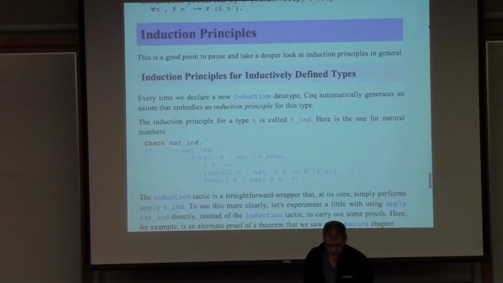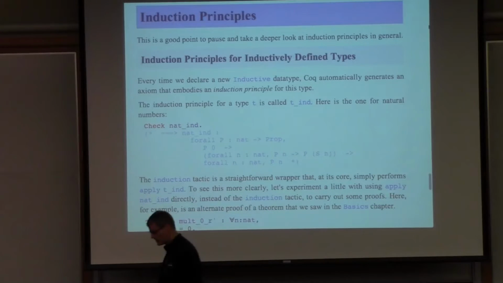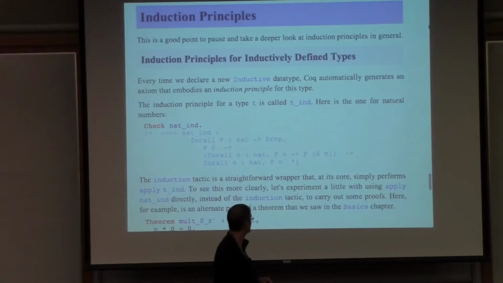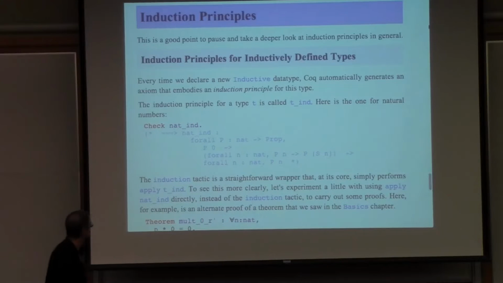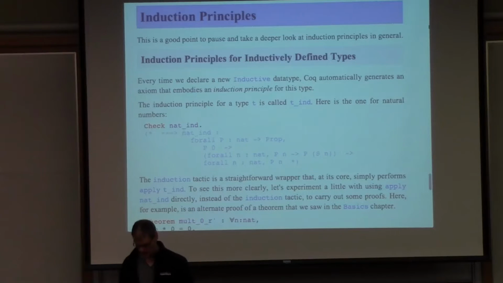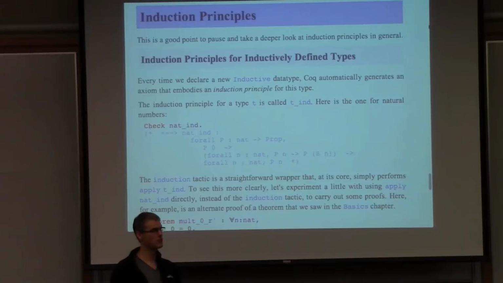All right, last thing in this chapter is induction principles. The thing that we were looking at a second ago is a little piece of the induction principle for natural numbers. And indeed, the induction principle for natural numbers is nothing very different from the rest of what we've been looking at.